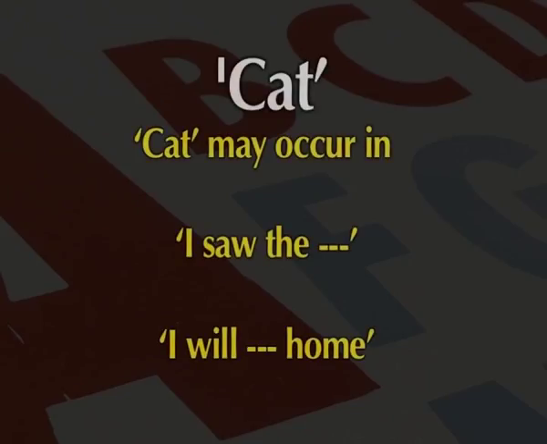Every morpheme has a characteristic distribution. "Cat" may occur in "I saw the cat," but not in "I will cat home." "Go" can occur in the second, but not in the first sentence.